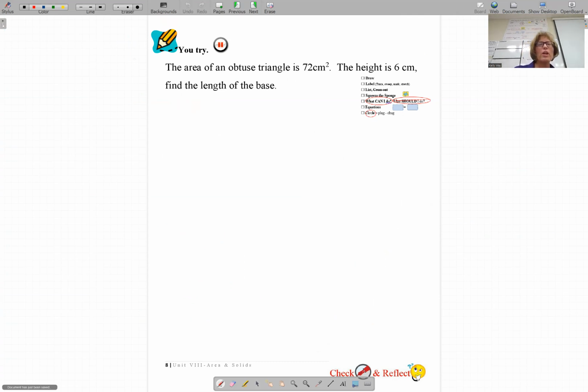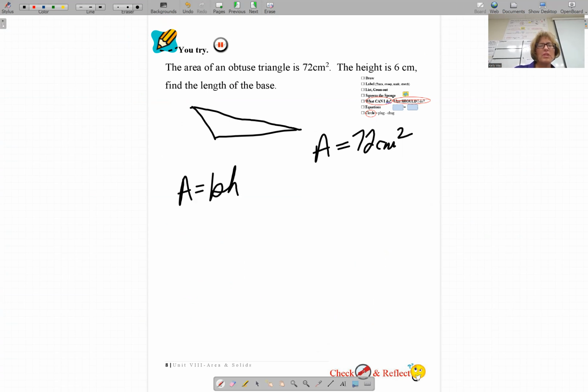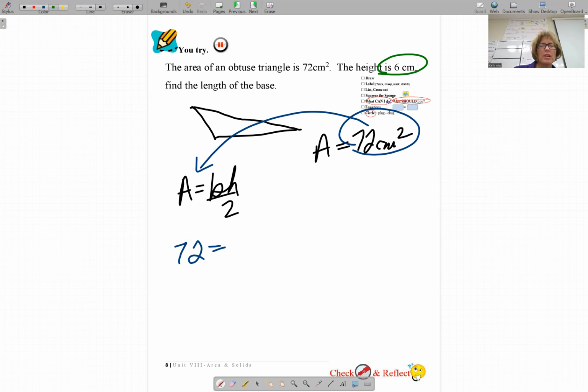Welcome back. It says area of an obtuse triangle. So the area equals 72 centimeters squared. Area of a triangle is base times height over 2. We circle, plug, chug. So our area goes right over here: 72 equals, what do we got? The height is 6. The base is unknown.